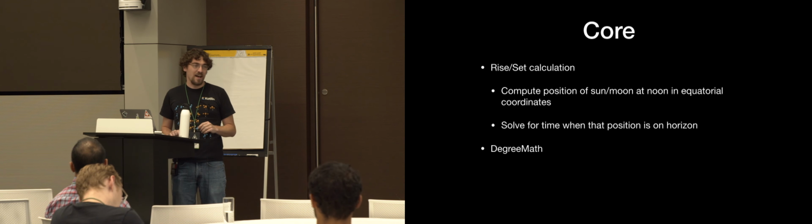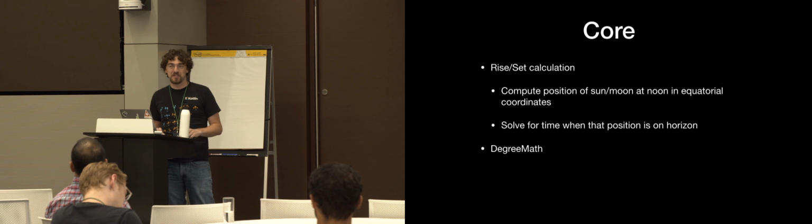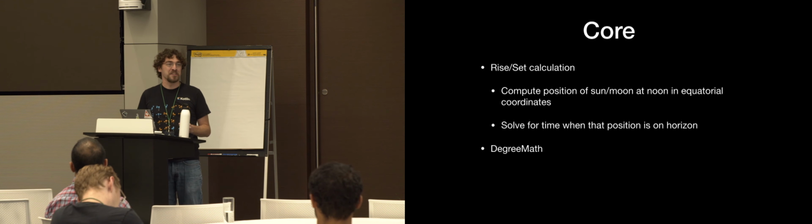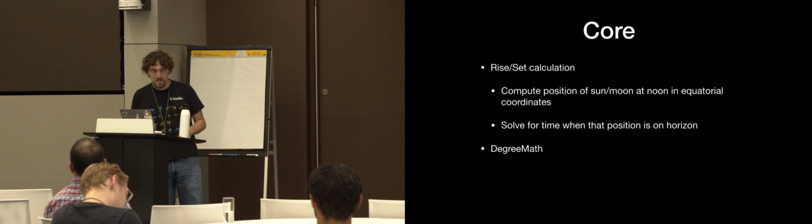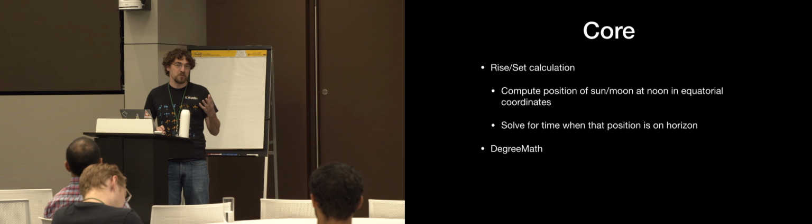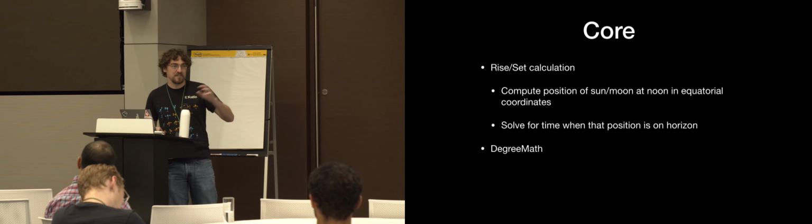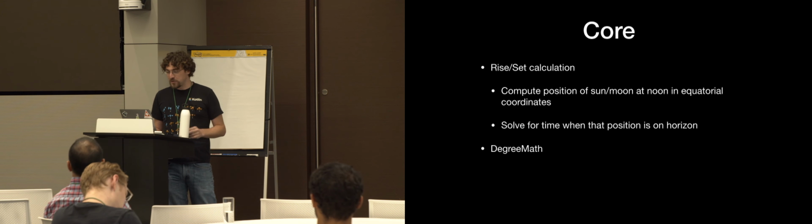As part of this, I wrote a bunch of utilities around doing math with degrees. Your typical computer language trig functions work in radians, but astronomers really like degrees for historical reasons. So I wanted to be able to use the formulas that I was reading about in some textbooks at face value, so I have a bunch of degree-radian utilities for that.